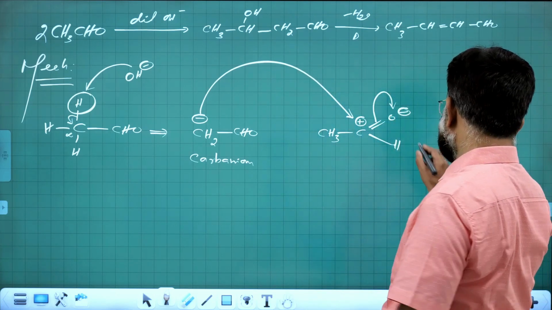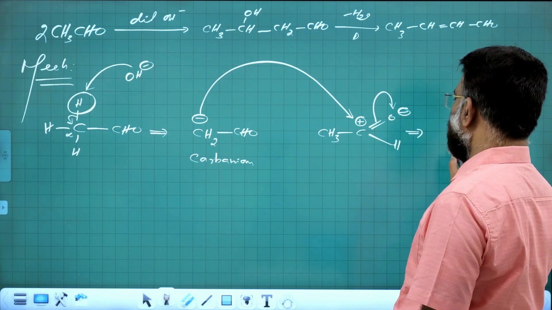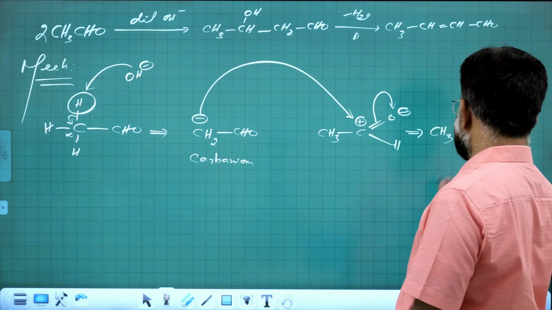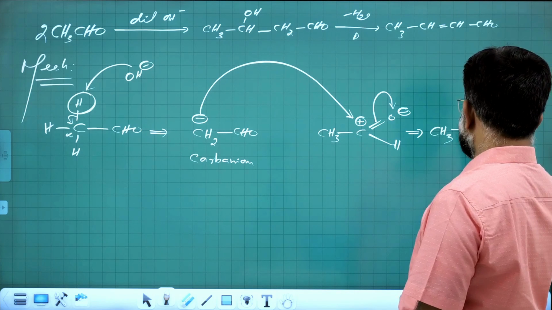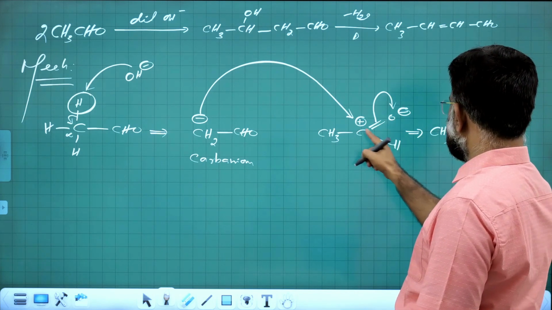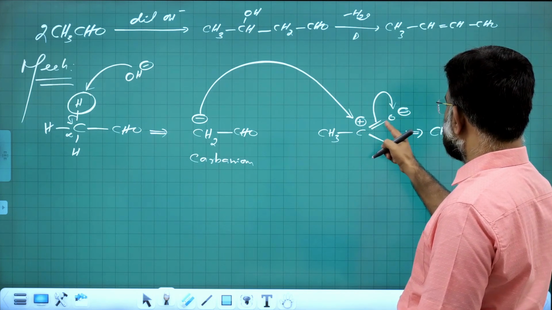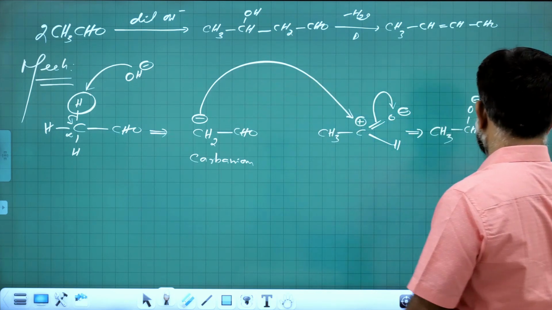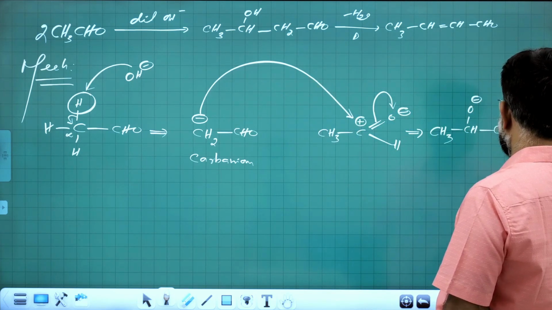So what is the result? The result is you get CH3, CHO-, CH double bond turned single bond, O-, connected to CH2, CH2, CHO.